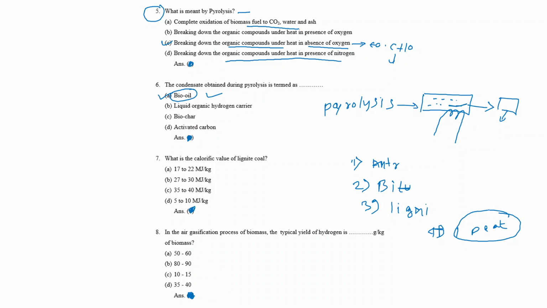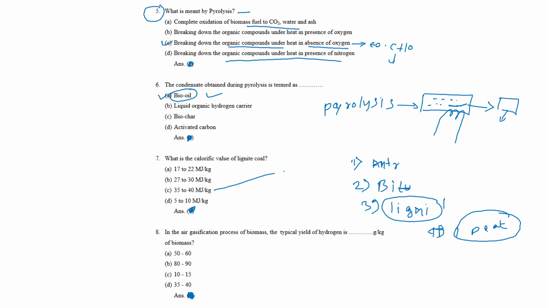It has very low calorific value. Lignite is somewhat better than peat, with a higher calorific value. Bituminous has a higher calorific value than lignite, and anthracite has a very high calorific value and is a very good type of coal, like 35 to 40.